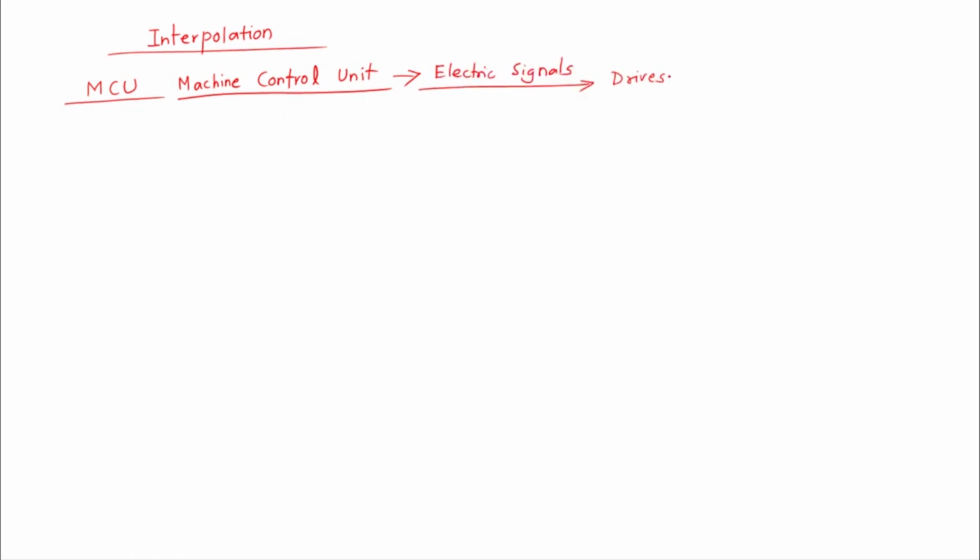Now, how these electrical signals are controlled based upon the geometry which is given, that is the task that we need to study. For that purpose, interpolation algorithms are utilized.